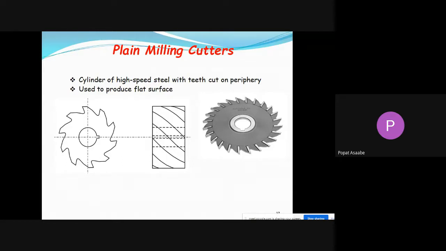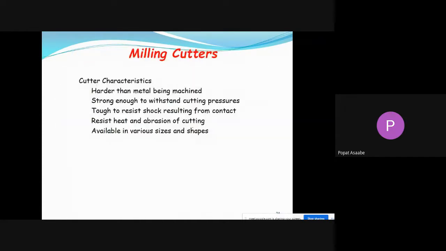See here, it is one cylinder, and on its periphery we are going to produce the teeth. Teeth are cut on your periphery. Generally this plane mill cutter is used to produce flat surfaces. See, this is the plane cutter. This type of cutter is used in plane milling.